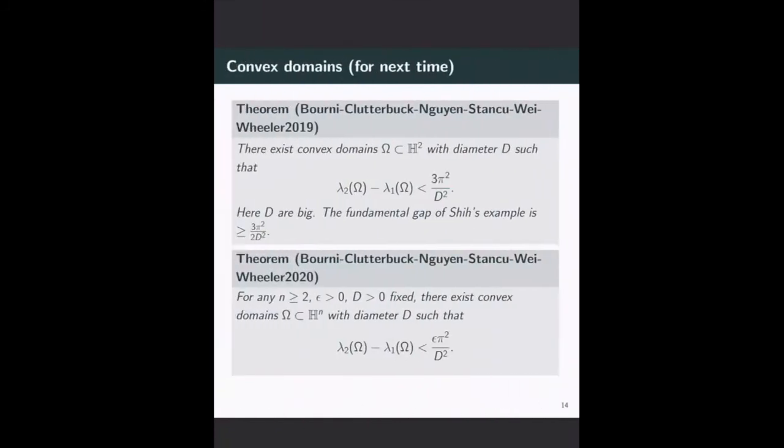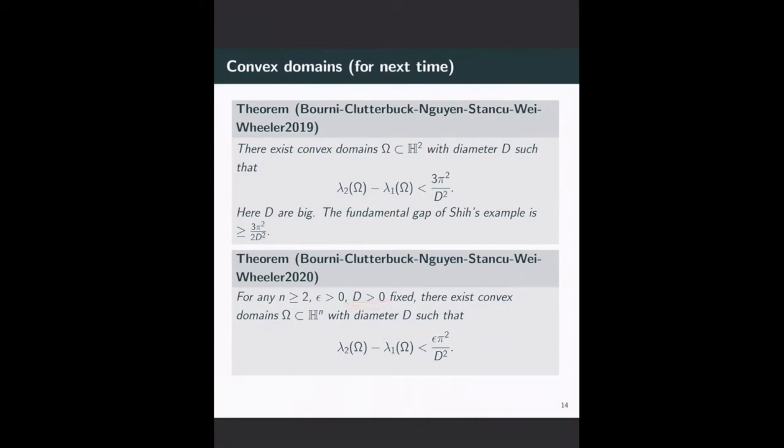The thing about this one, so the first result we had, the domains were very large. And it made sense because there's a lot of space in H2, and maybe if you do very large data in H2, they really differ, like they're very different from what happens in R2. And here it says for any diameter.